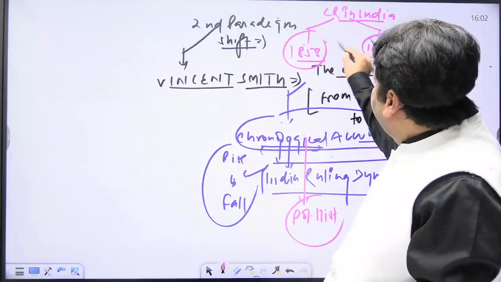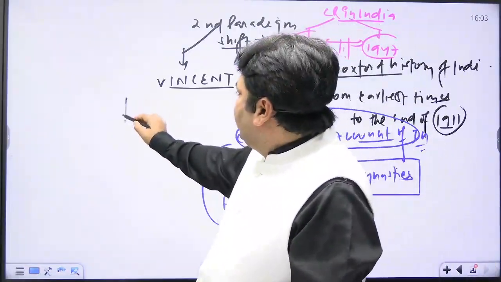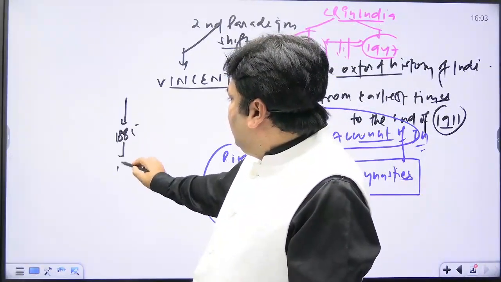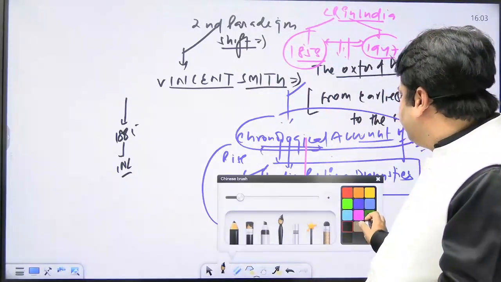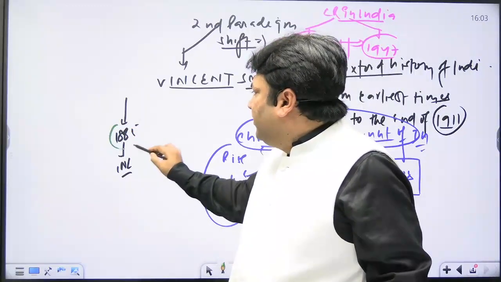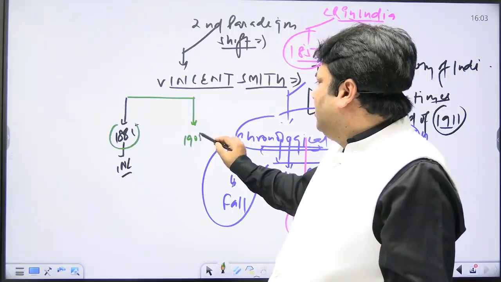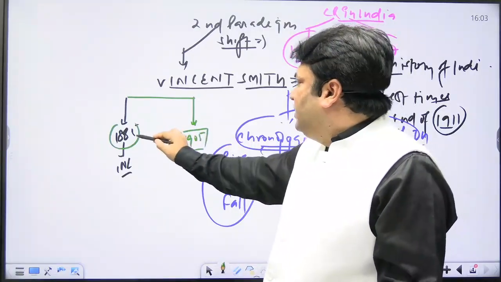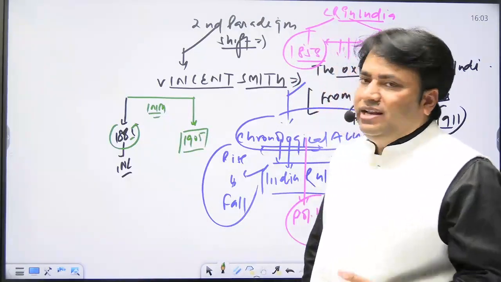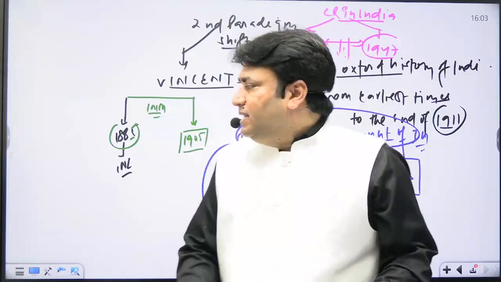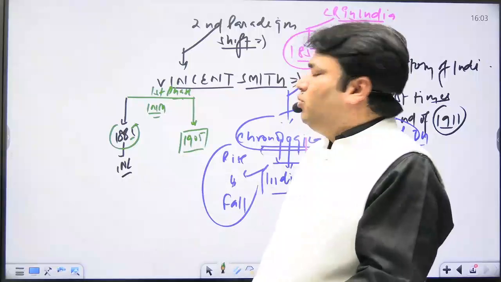There is direct British rule in India. And we see that 1885 is the year of formation of the Indian National Congress. You all know this if you have studied modern Indian history. From 1885 to 1905, under the leadership of the Indian National Congress, the Indian national movement was in progress, and this was the first phase of the movement.